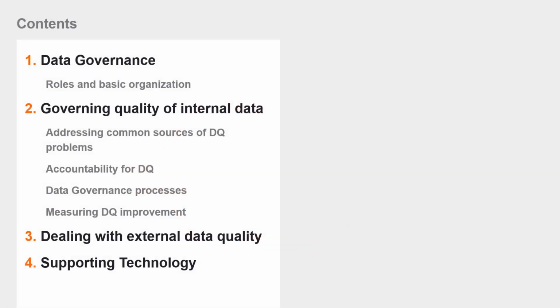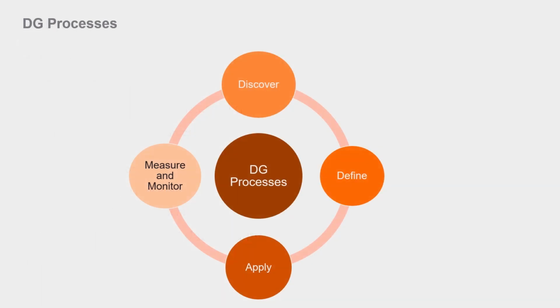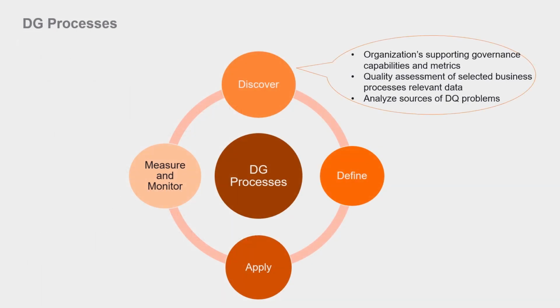So what follows is a very brief tour around the data governance processes and stages. First, the discover stage, where you find out about any existing governance efforts and metrics around. Then you take a look at the selected business processes, find the underlying data, and take a look at the quality of that data.